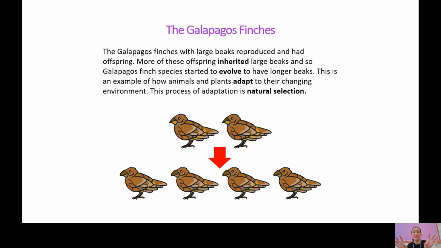And then because it was two finches reproducing and they both had large beaks, their offspring, so their babies, inherited those large beaks. And so the Galapagos finch started to evolve to have these larger beaks. All right, and this is an example of how animals and plants adapt to their changing environment. And this process of adaptation is called natural selection.